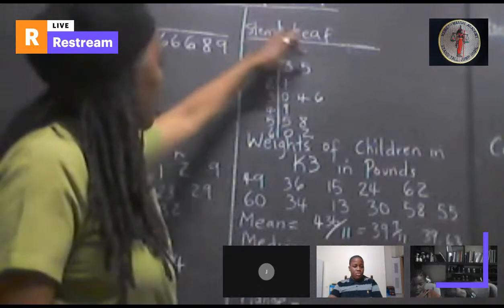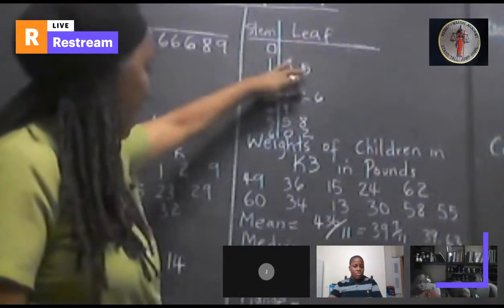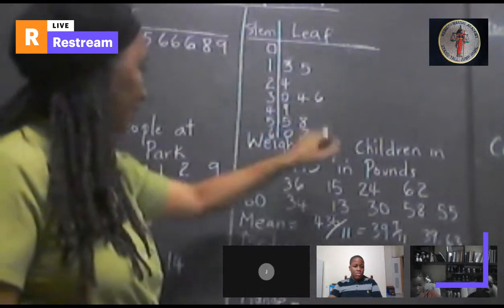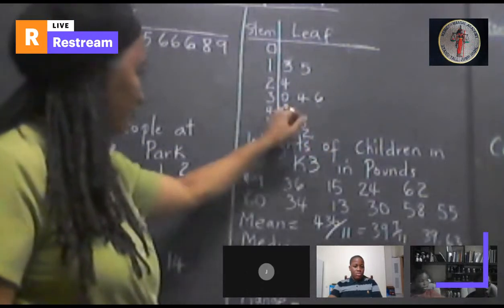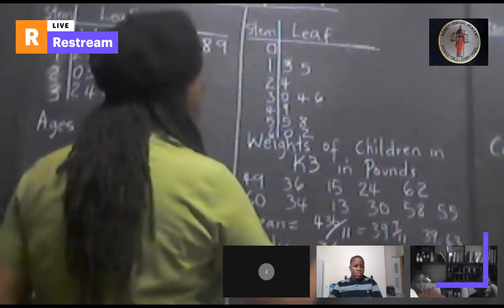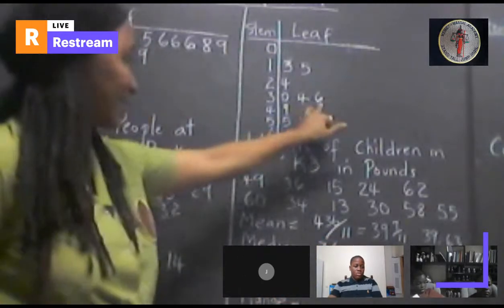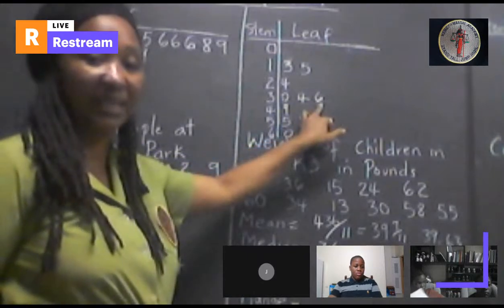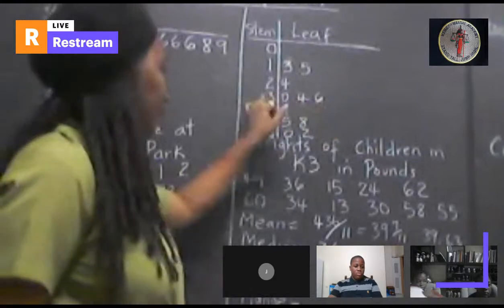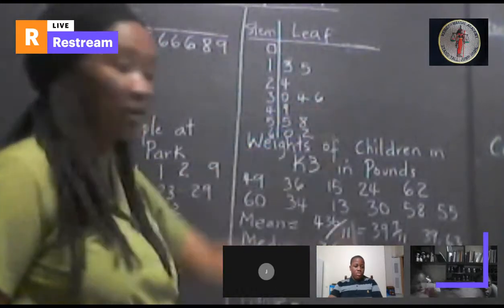So 1, 2, 3, 4, 5, that would have the 36 in the middle, then 1, 2, 3, 4, 5. So the median is 36. Bear in mind, it's not 6. This is the digit 6, but it doesn't represent 6. It's 3 and 6, so it's 36.